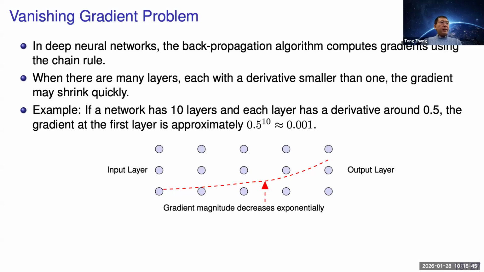So you want to say, if this layer has a smaller gradient, we need to make larger updates rather than smaller updates. So how do you do that? This is basically the idea of adaptive gradient.